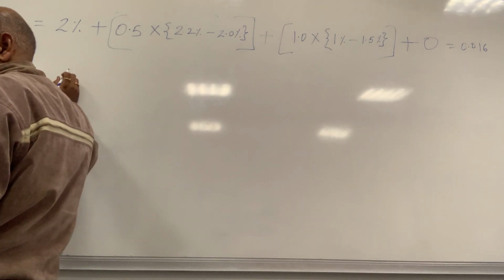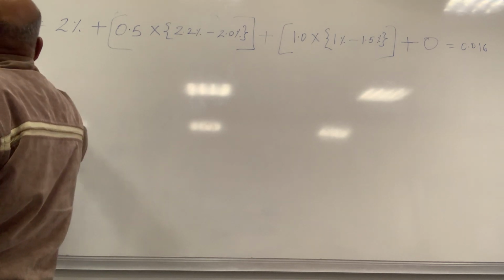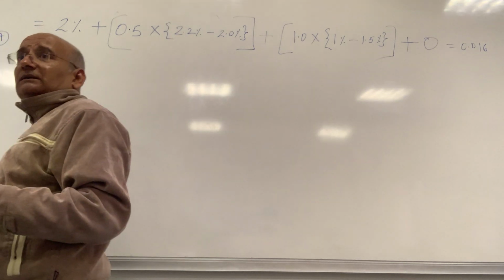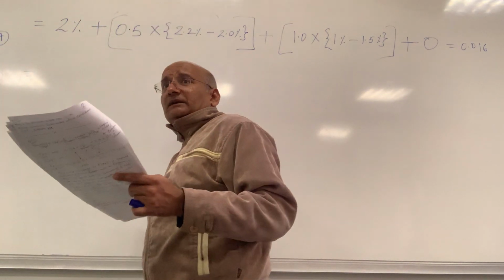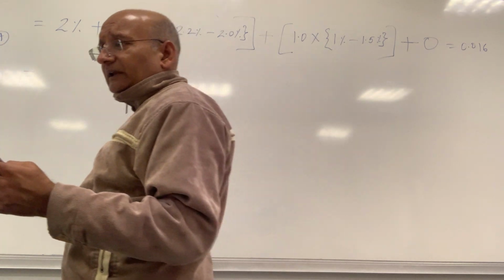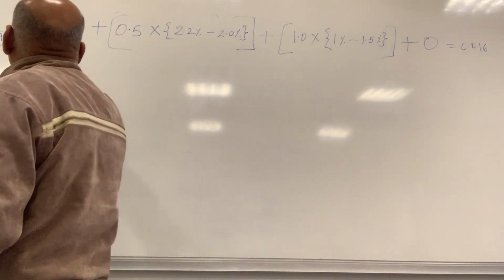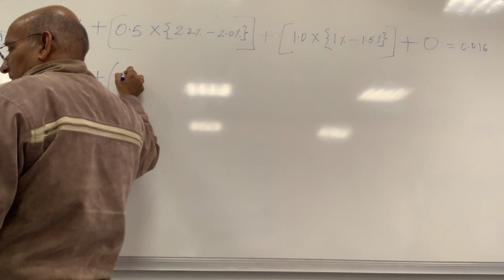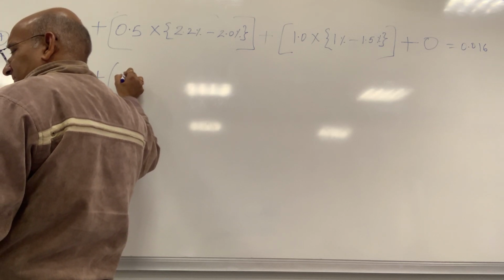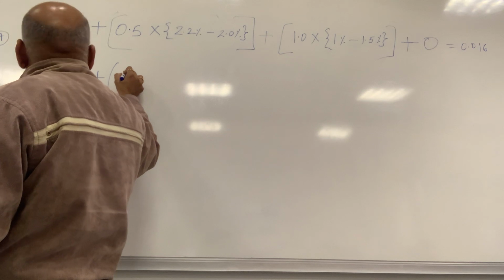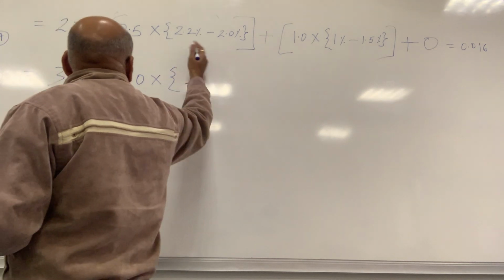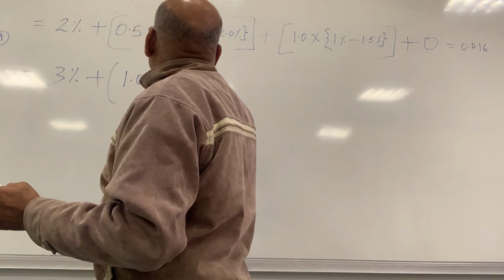And now I am doing the same thing for portfolio C. They are making AC, no? So we have to do it for C only, not for B. C has expected return 3% plus. C has factor sensitivity towards inflation of 1.0, and the surprise is the same for all.